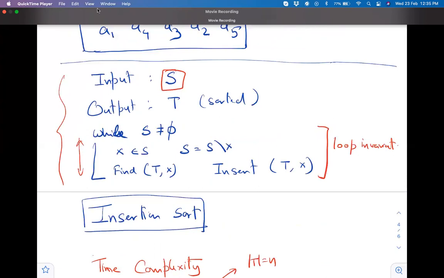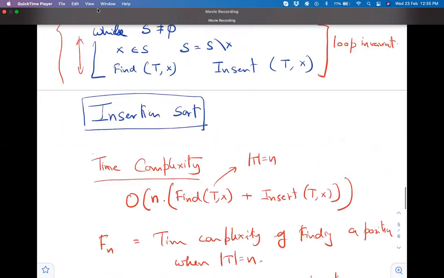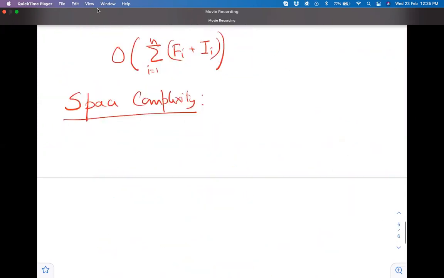The way I have presented it, I have to store this T separately, which will take order n space in the worst case. So as presented, this has space complexity order n.